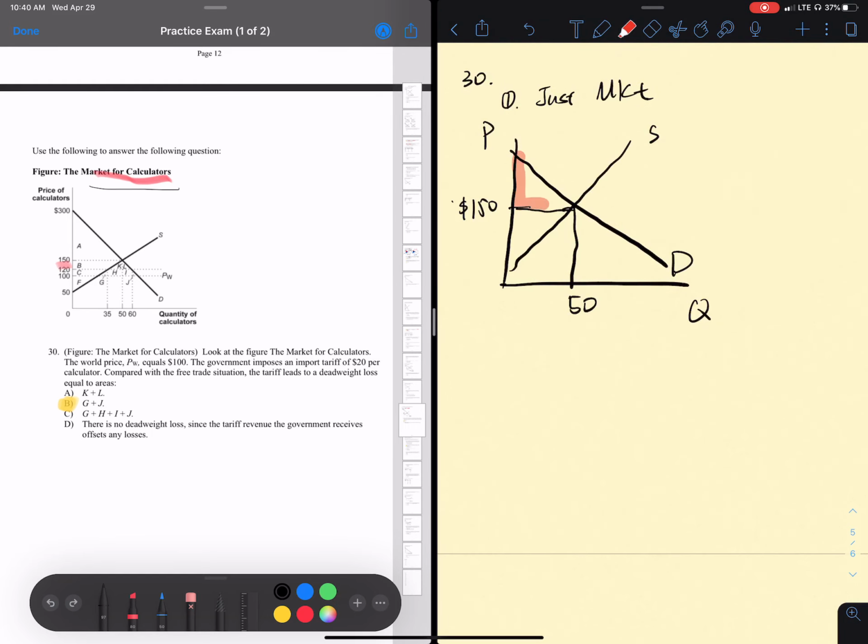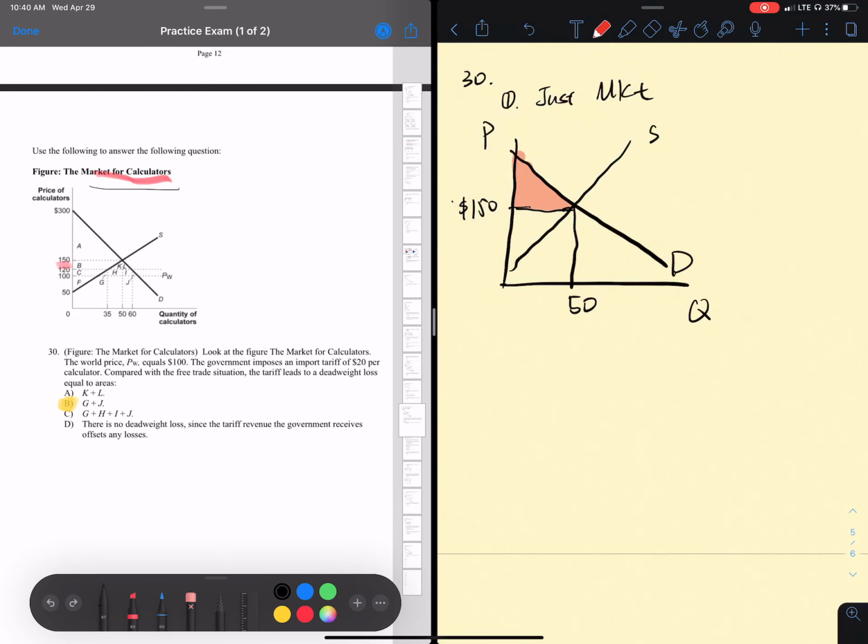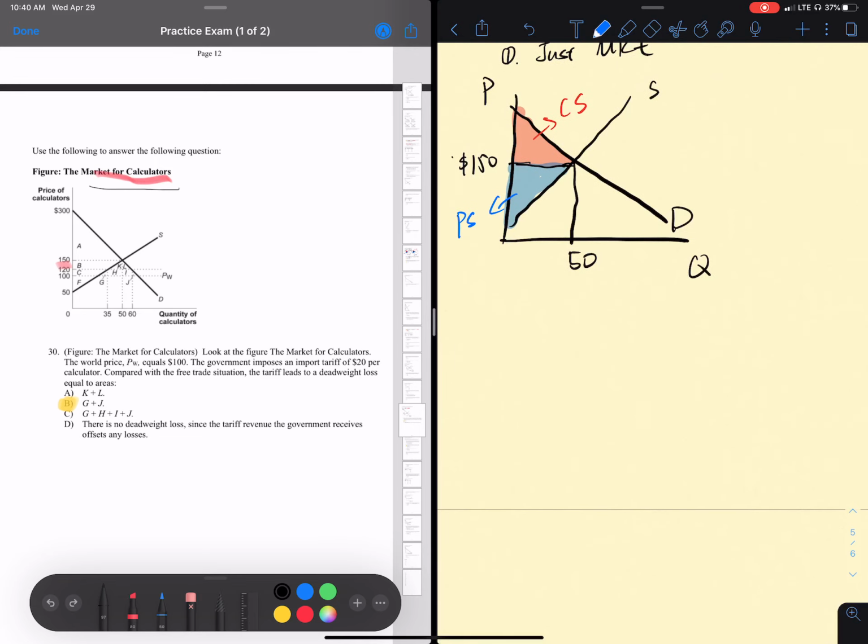The consumer surplus, this area will be the consumer surplus, and this will be the producer surplus. So this is just the domestic market.